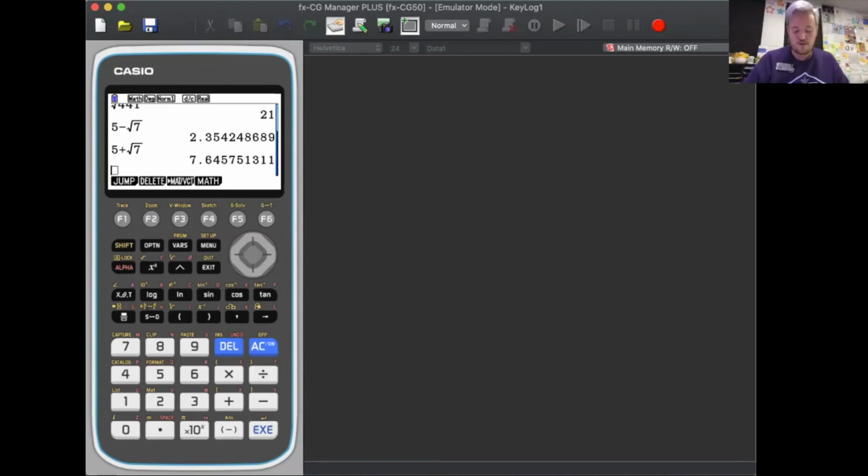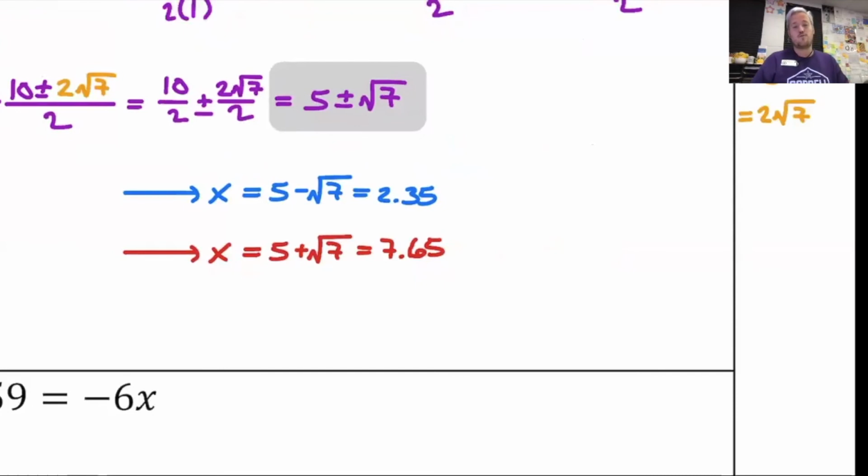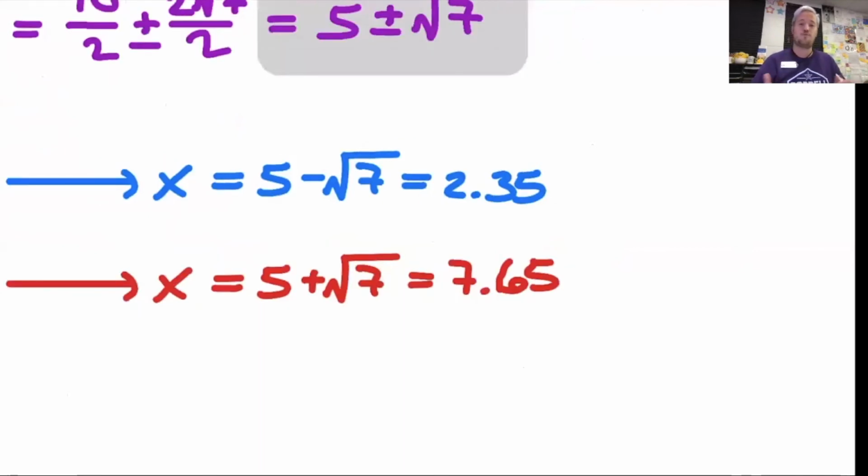So remember, we only want 2 decimal places. We want the nearest hundredth. But I will say, the more decimal places you include, the more accurate your answer is. All right, so if we want a simplest radical form, 5 plus or minus root 7 would be your answer. But if we want the decimal expansions, then it'd be 2.35 or 7.65.